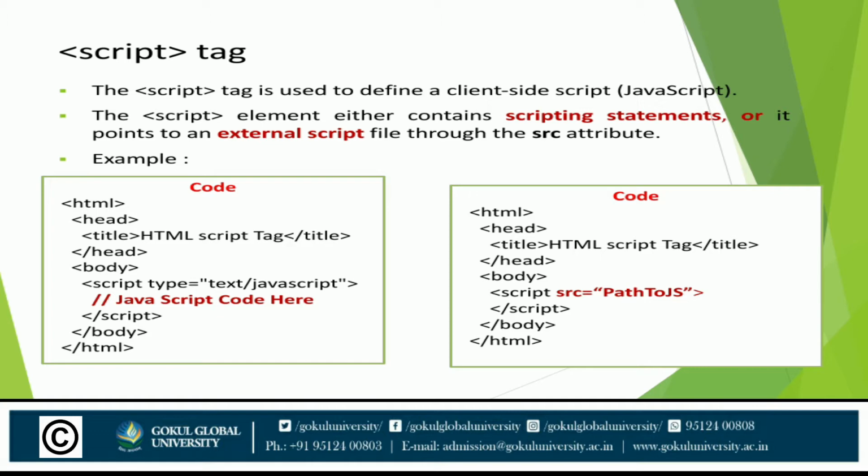First, we are using the script in an HTML page, and next we are using the src to provide the path to the JS file. First we are using JavaScript in internal terms, and in the second one we are using an external JavaScript file and providing the path using the src attribute.